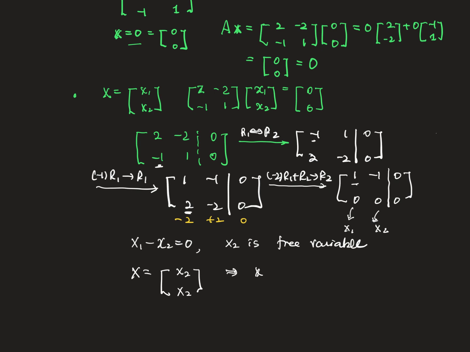The solution could be 1 and 1, or 2 and 2, or keep going, guys. That's the non-trivial solution. So the homogeneous system has a non-trivial solution when the matrix equation has a free variable, guys.